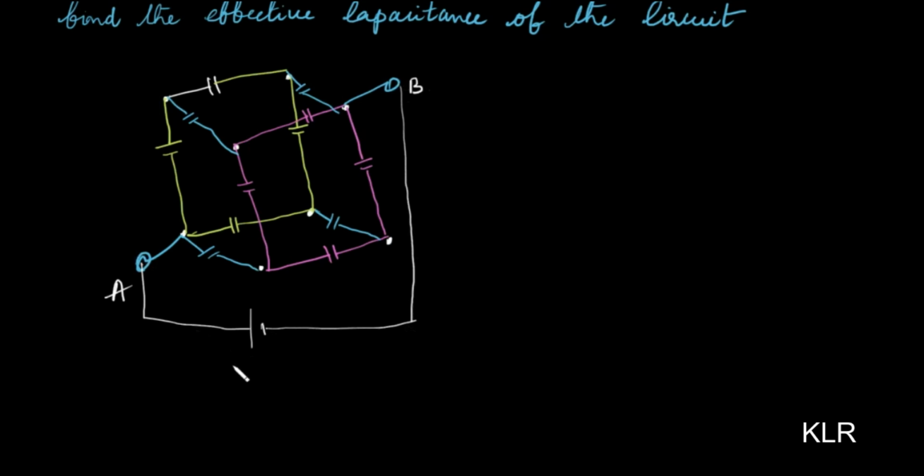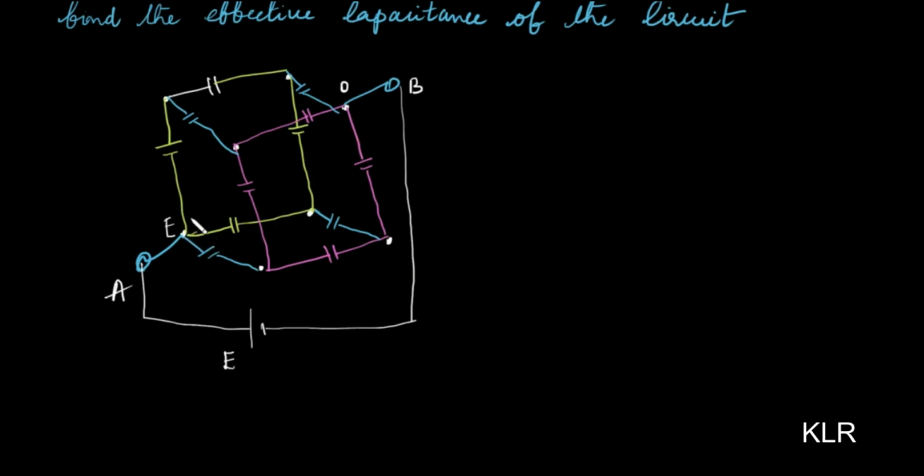Let us say that this potential difference is E. So here it is E, and this is connected to the negative terminal of the battery, so this is 0.